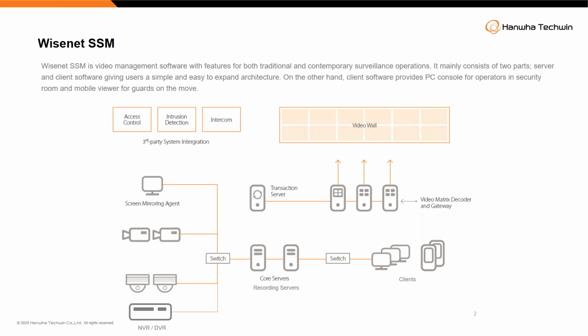Is there any limitation to adding NVRs in the VMS? Meaning, how many NVRs can we add in the VMS? Yeah, every server you can add around 3,000 cameras via NVR, which is good for most projects, right?